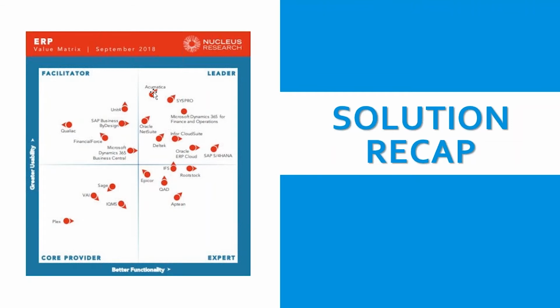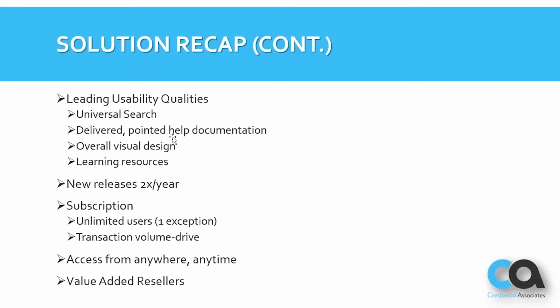Its usability is the best, and to be in this leader quadrant, you need strong functionality and usability. But usability really seems to be its forte, and probably one of the leading contributors to basically threefold increasing its customer base over the past few years.